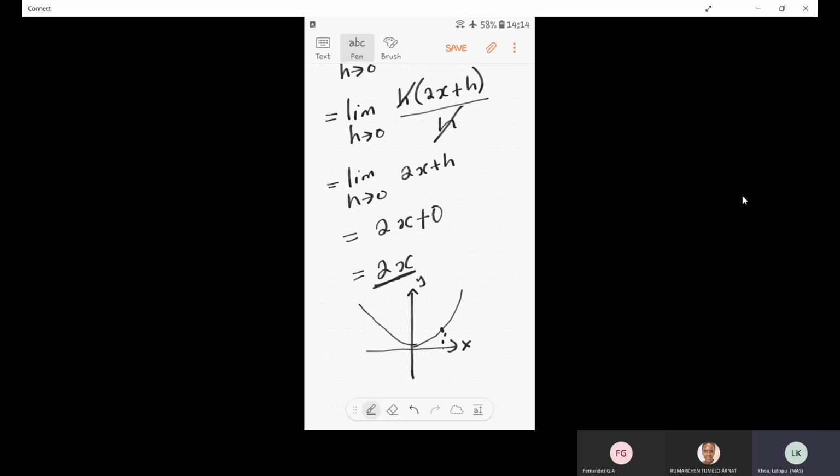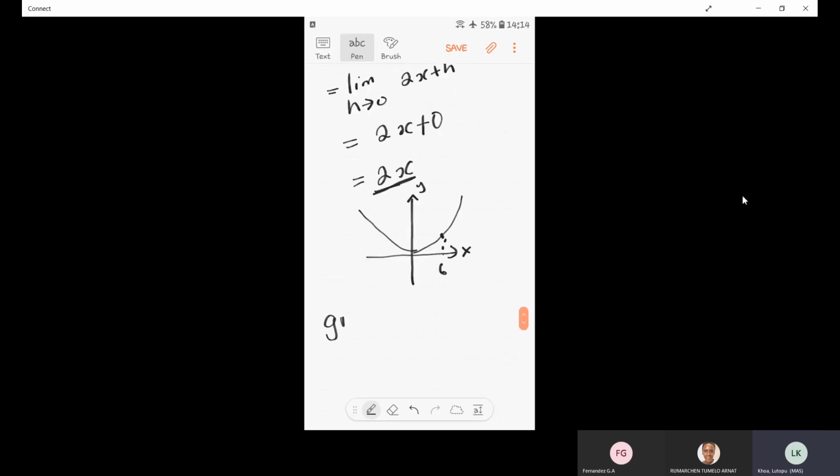So if the point here is 6, then the gradient or slope is equal to 2 times 6, which is equal to 12.